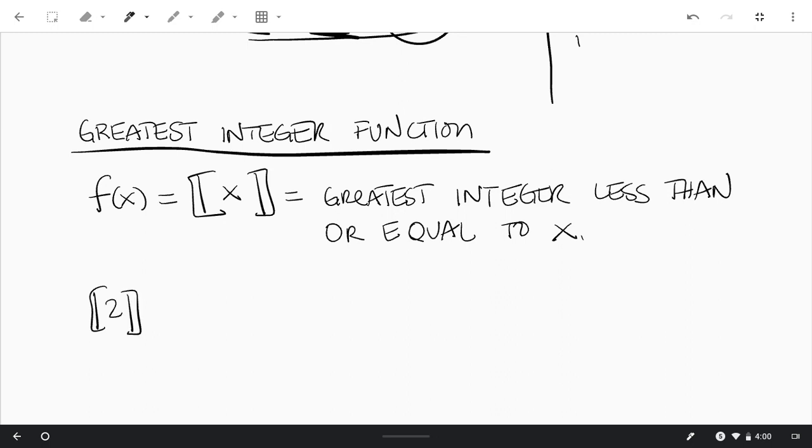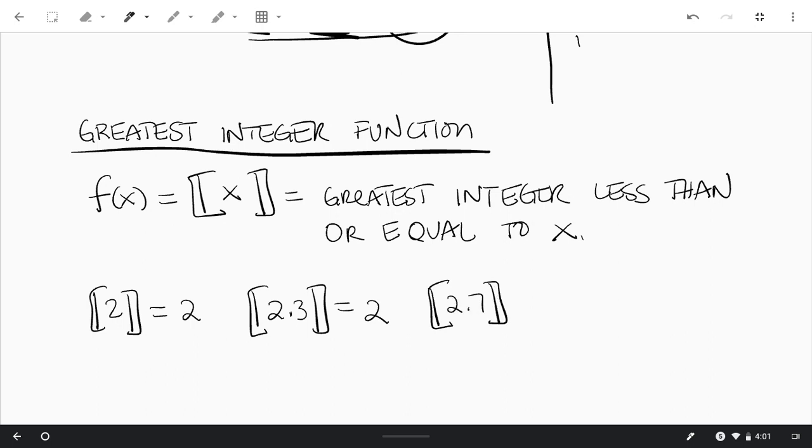The greatest integer for 2 is going to be 2. The greatest integer for 2.3, so remember, the answer has to be the biggest integer, but you can't be more than this number, 2.3. So it's got to be 2. 2.7, same thing.